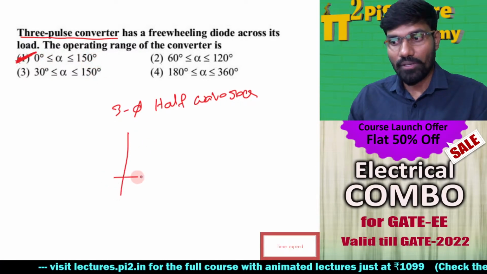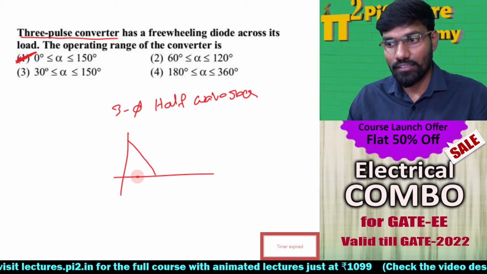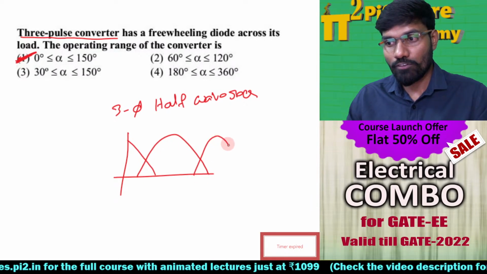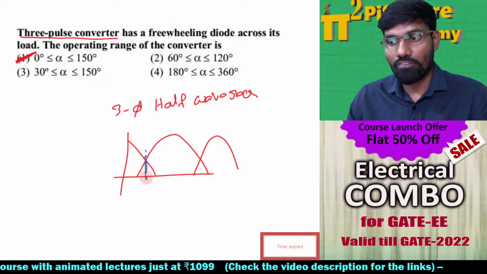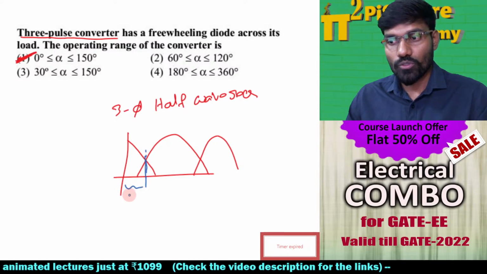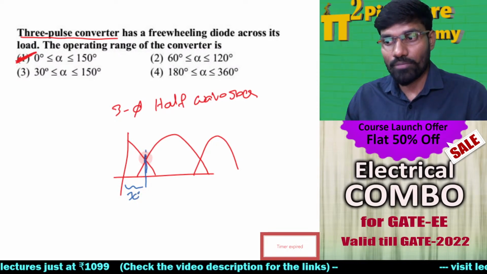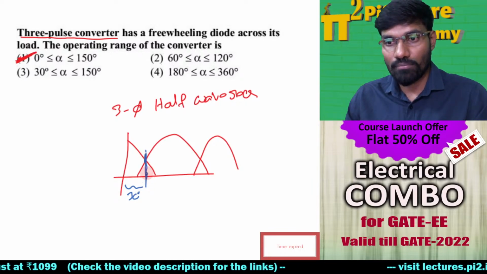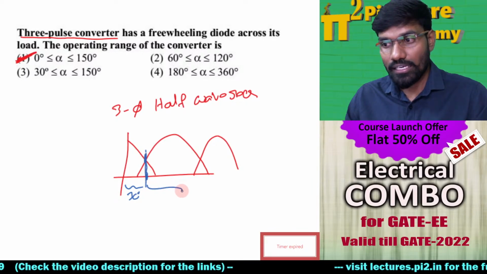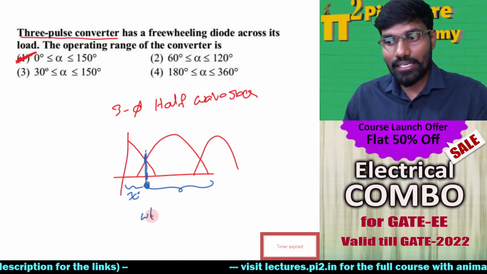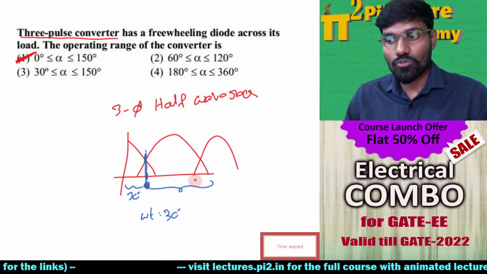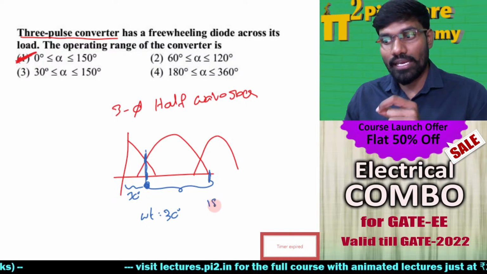Because when you have a 3-phase waveform something like this, this is the instant where alpha is 0. So 30 degrees you are leaving, and from here you are starting counting. So from alpha equal to 0 till 180 it will conduct, meaning from omega t equal to 30 degrees to omega t equal to 180 degrees.